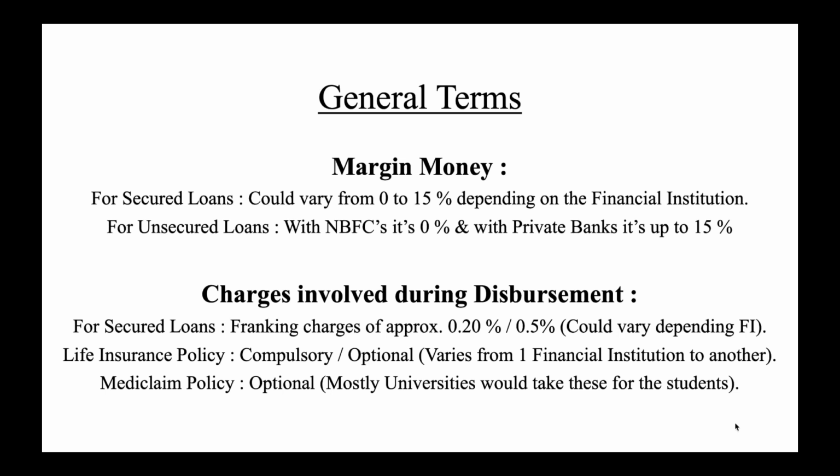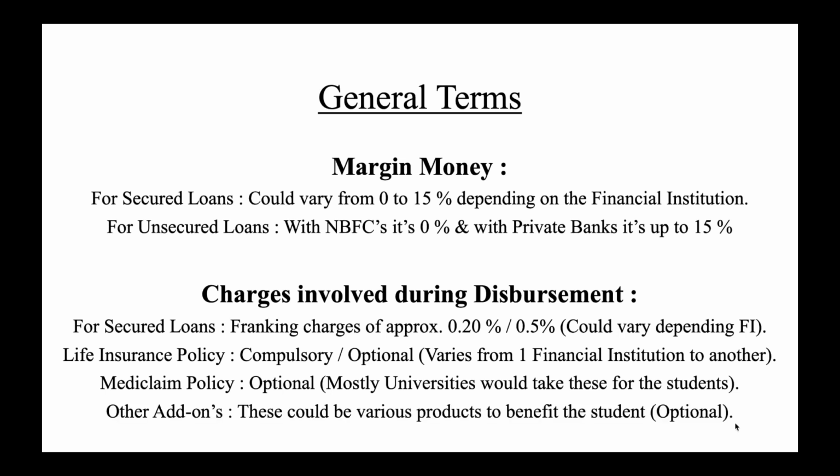Generally, banks insist on life insurance, which means if something goes wrong with you, your parents are comparatively safe. Mediclaim policy: now, this is when you're looking to go to the US. Banks kind of cross sell the Mediclaim policy, and it may not be mandatory. There could be other products which they might sell, some add on things like ticketing, forex, etc.